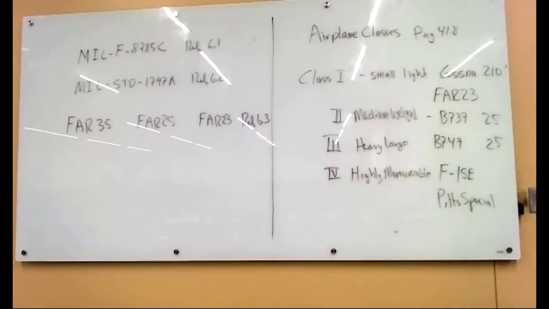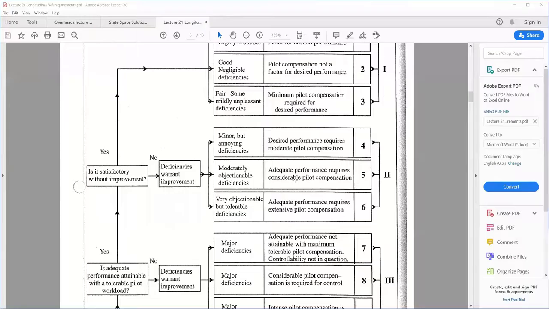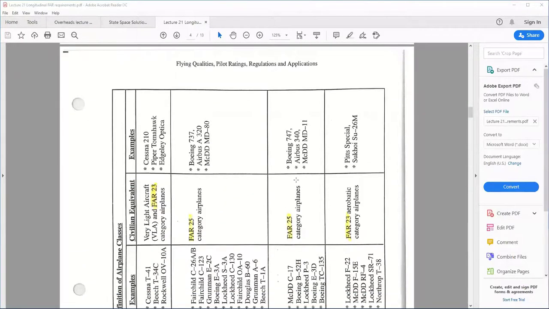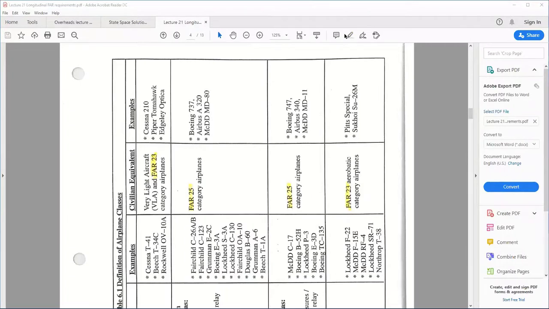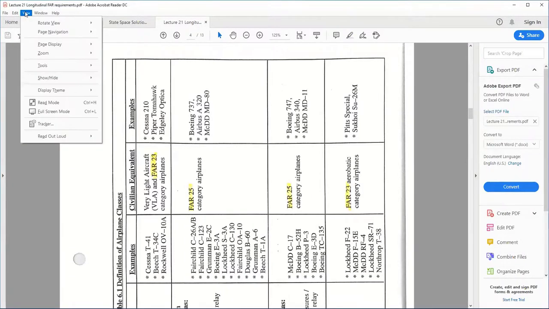Let's see, we did the Cooper-Harper. So I've written some general categories up here. Your book gives a much more detailed, and it's kind of fun to look at, I think. So let me rotate this.